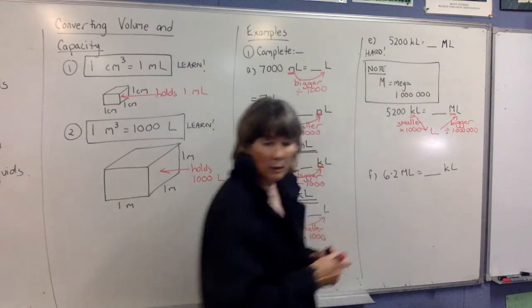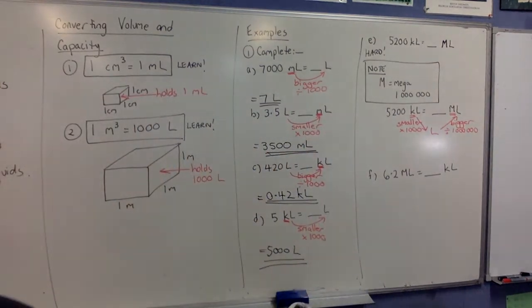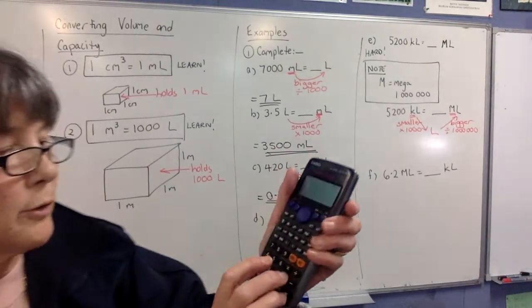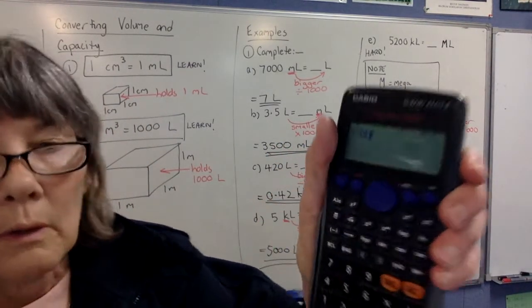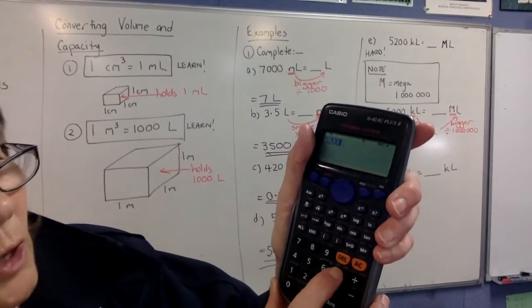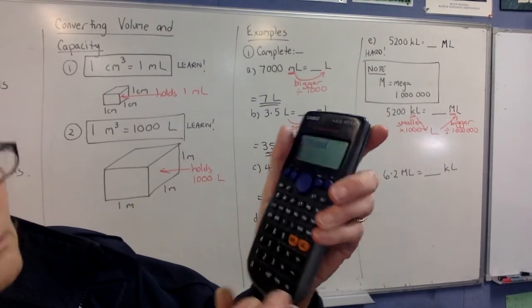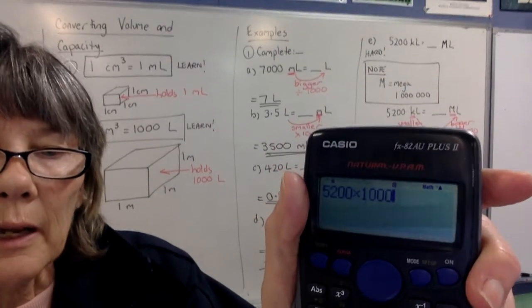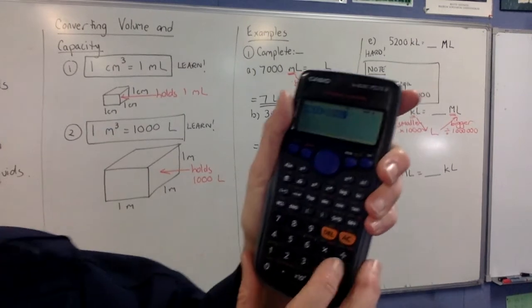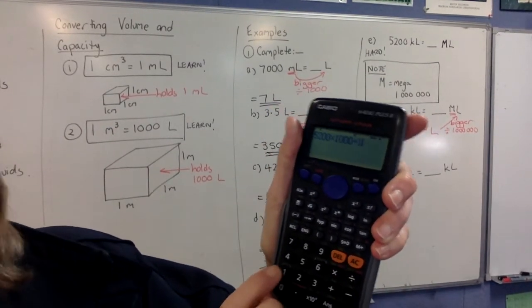Okay, so on your calculator, you are going to press 5,200. Okay, we're going to press times 1,000. Don't work anything out yet, we haven't finished. Then we're going to press divided by 1,000,000.